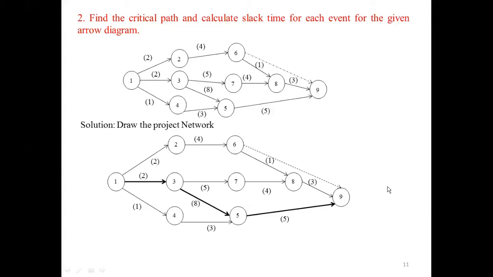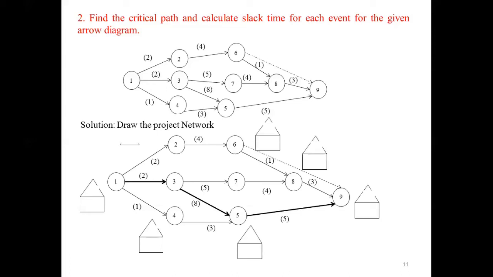Then next, at each node, you need to construct a triangle and a square block, where the square block represents the forward pass, and the triangle the backward pass, for the activities.